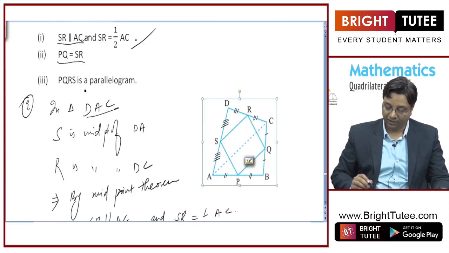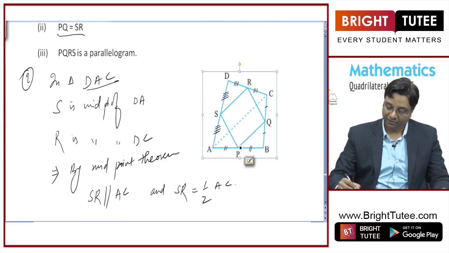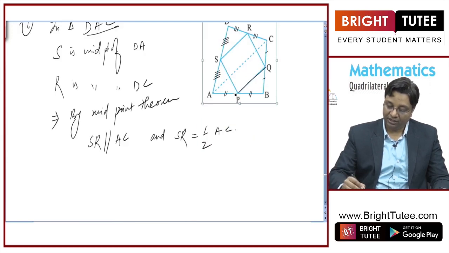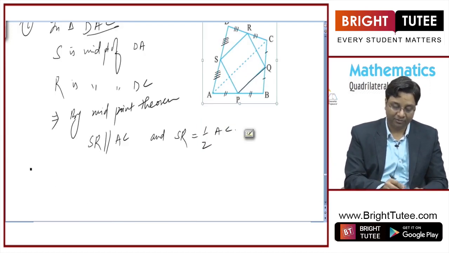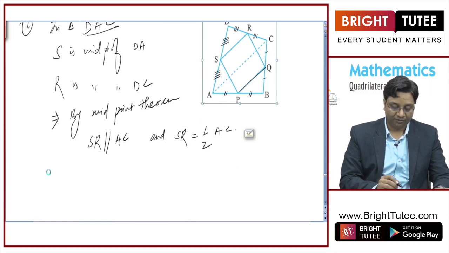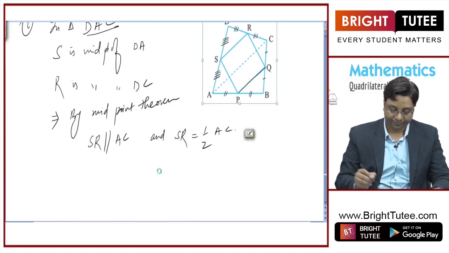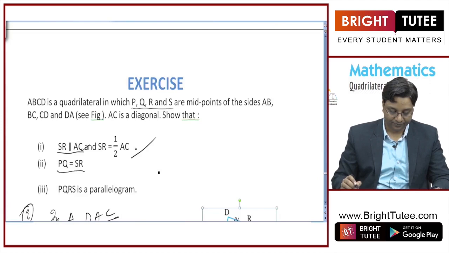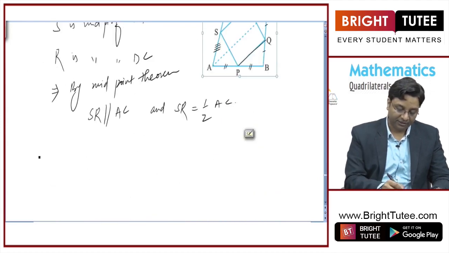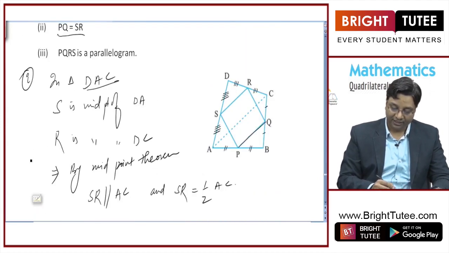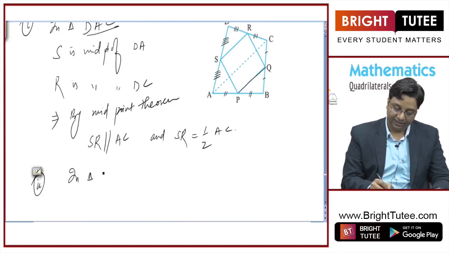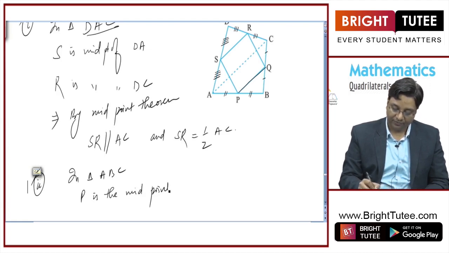Now PQ is equal to SR. So if we have to show that PQ is equal to SR, we can show that PQ is half of AC by using the midpoint theorem. This is the second part. Okay. So for the second part, in triangle ABC, P is the midpoint of BA.